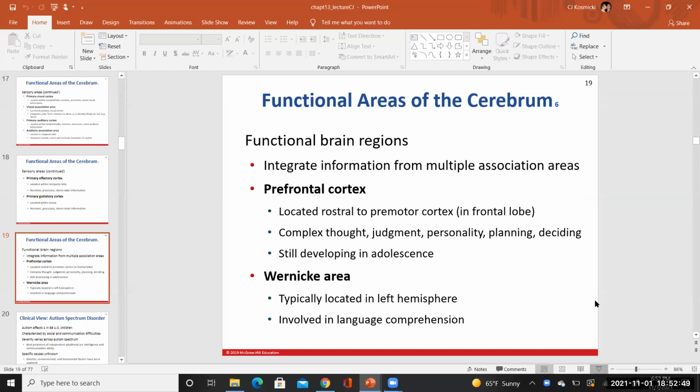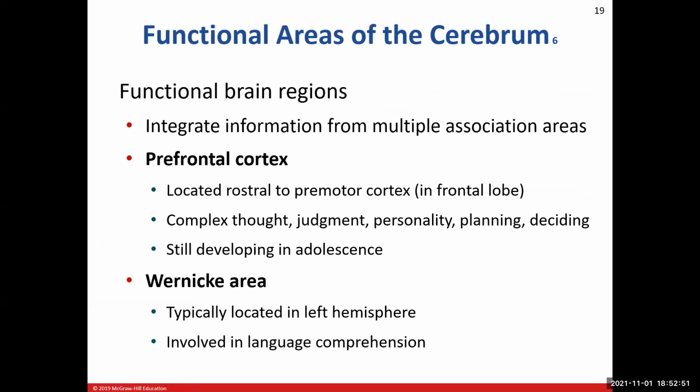Okay, so back to what I was saying about the prefrontal cortex. It's going to be found in the frontal lobe, anterior to our premotor cortex, which is the association area for our primary motor cortex.